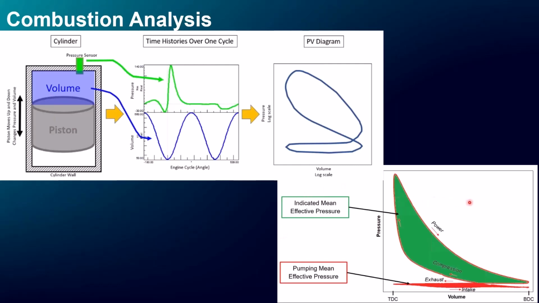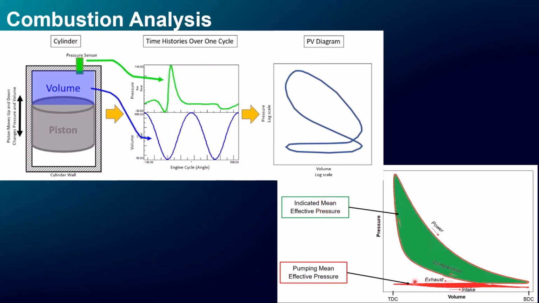Using this PV diagram, you can calculate certain metrics like the indicated mean effective pressure, IMEP, or PMEP, pumping mean effective pressure. IMEP represents the total amount of work done by the engine, the thermodynamic work. If you divide that by the swept volume, you get a mean pressure, and that is the indicated mean effective pressure.